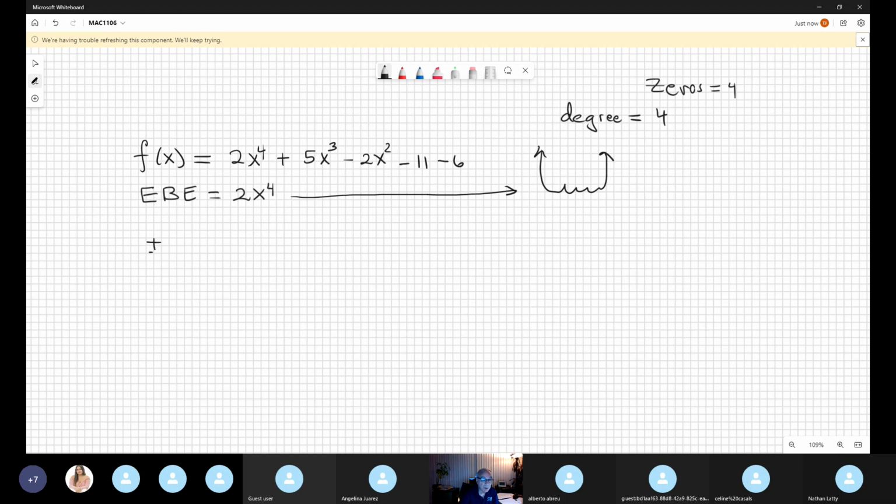Now I go to the plus or minus p divided by q. Who is p in our problem? 6. Exactly, it's 6. You omit the sign because you always consider it plus or minus. And what about q? Who is q? 2. 2 plus or minus again.